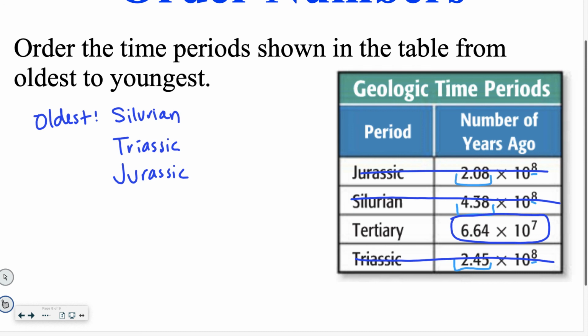It's to the 7th power. So I know right off the bat that the Tertiary number isn't as big. So this would be the order for those 4 numbers.